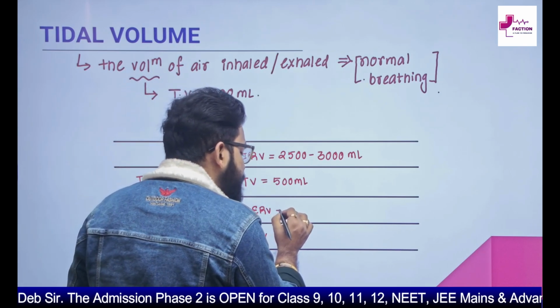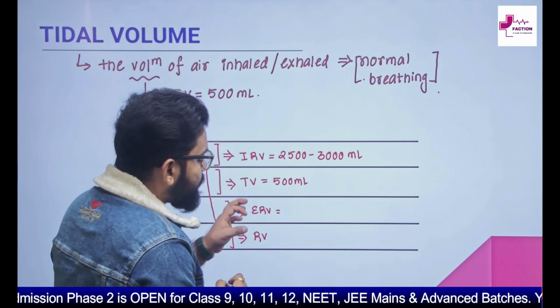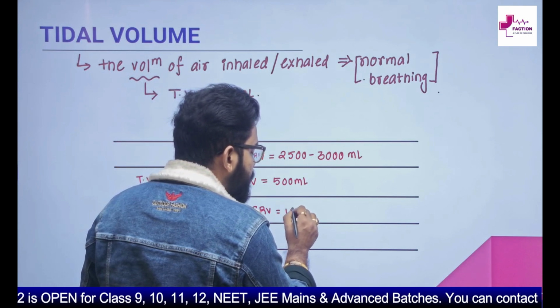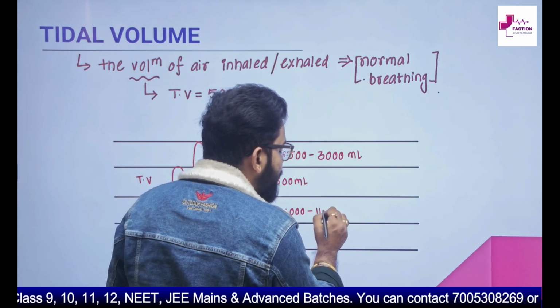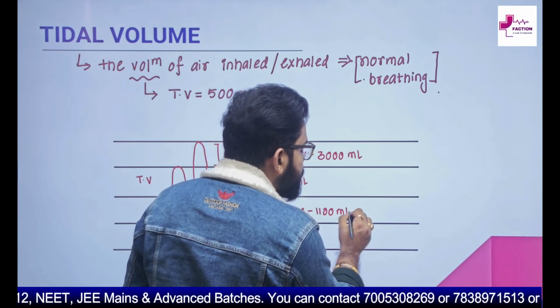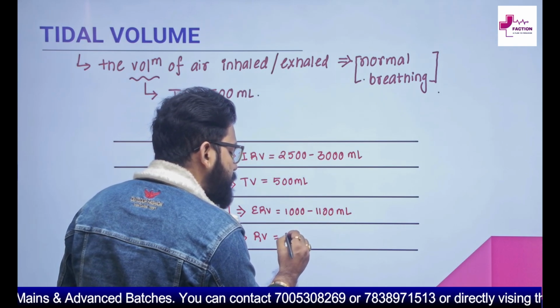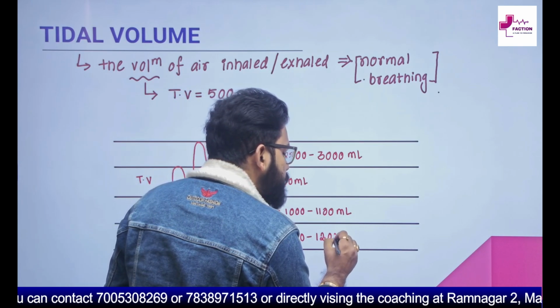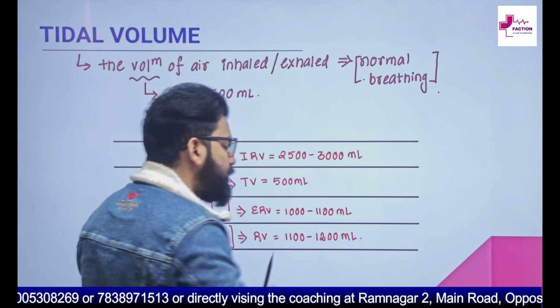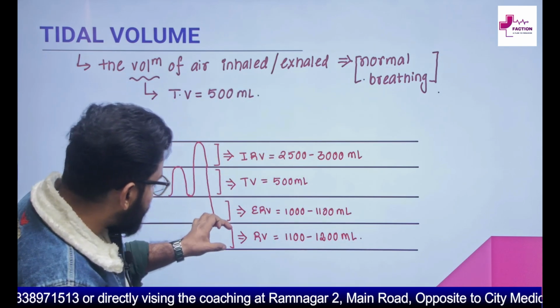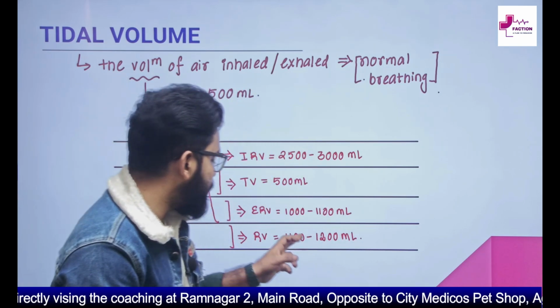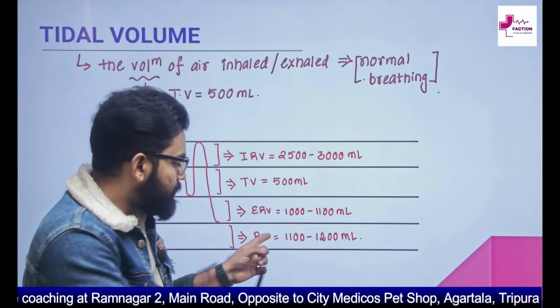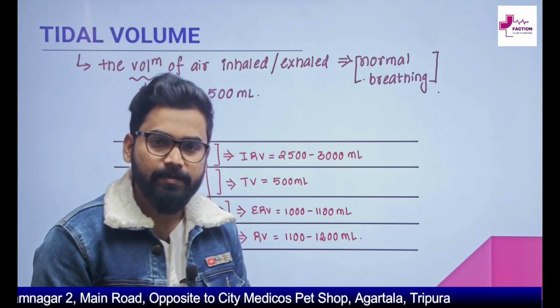Now, if I write the values, the value of expiratory reserve volume is around 1000 to 1100 ml, whereas the residual volume is approximately 1100 to 1200 ml. That is, this is the volume of air that you cannot exhale even after forceful exhalation. This amount of air will always stay in the lungs.